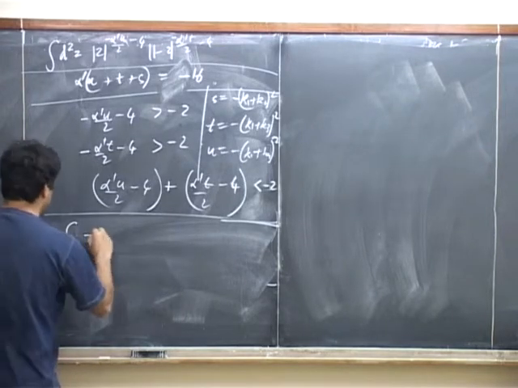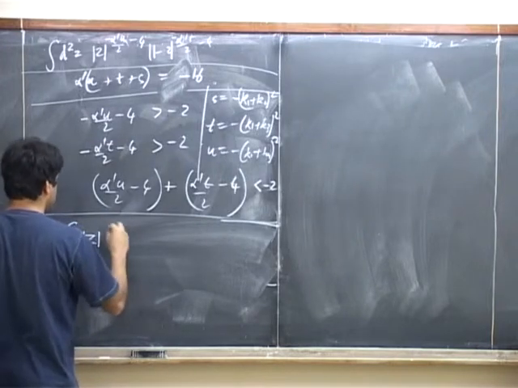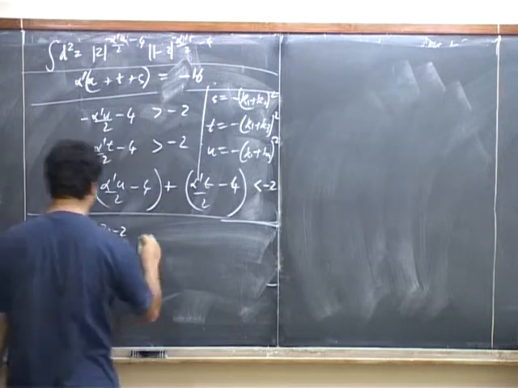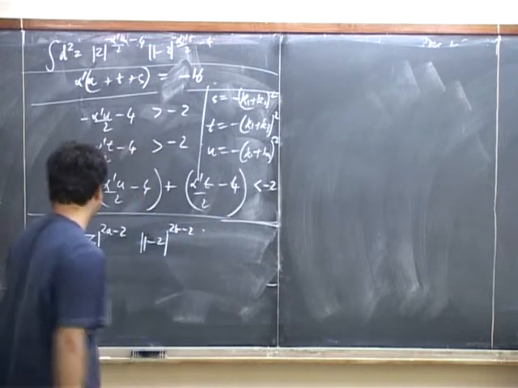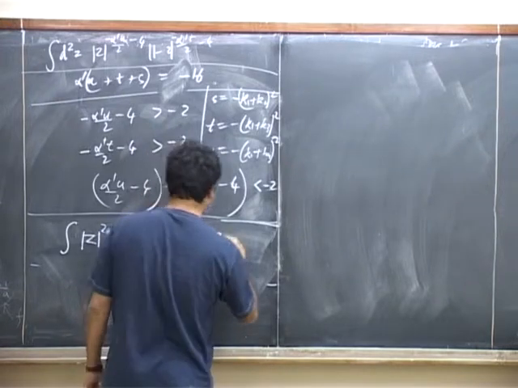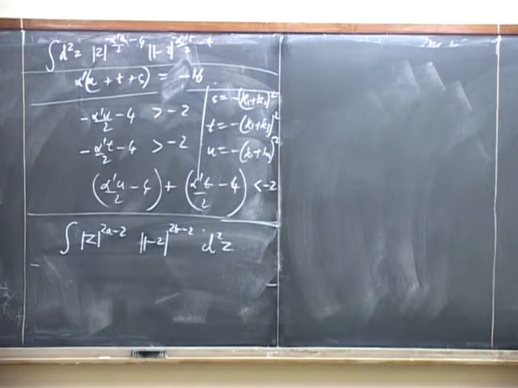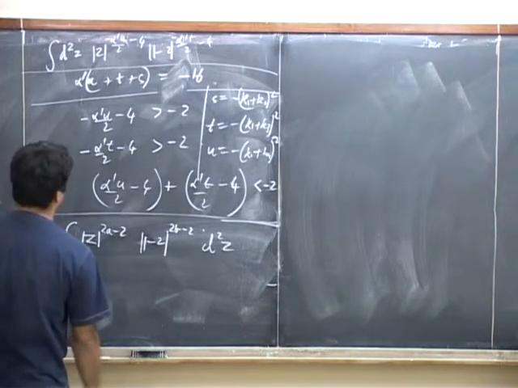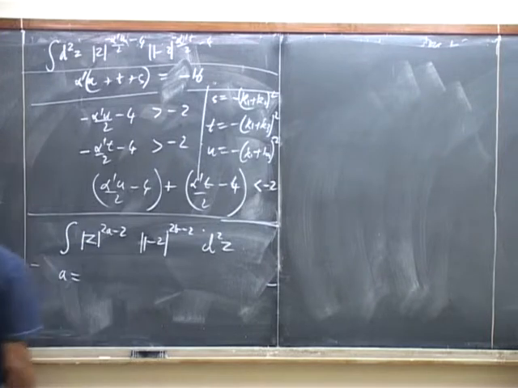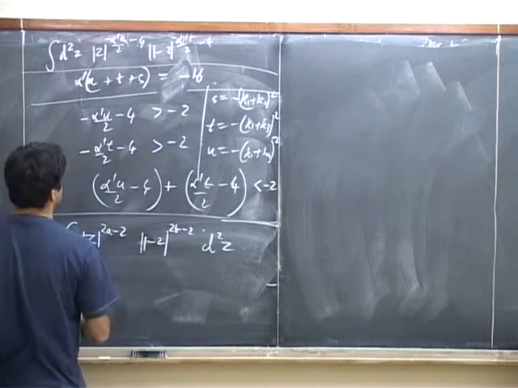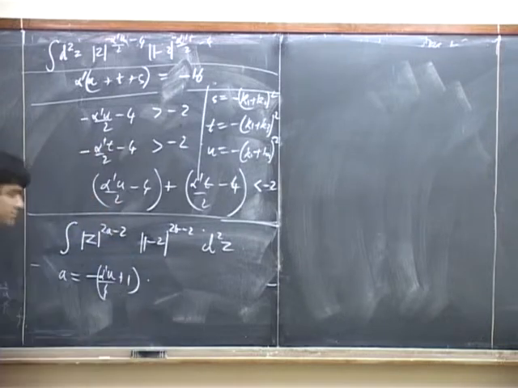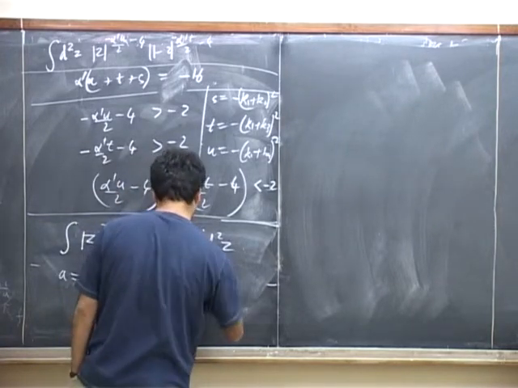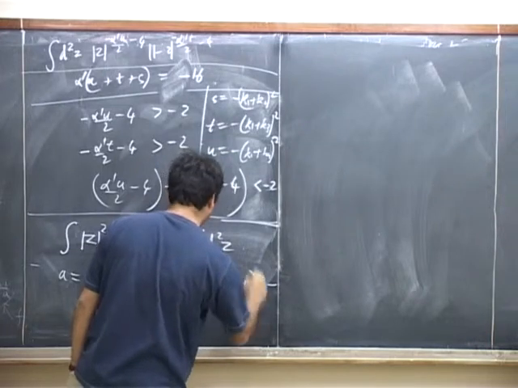It's an integral of the form mod z to the power 2a minus 2, 1 minus z to the power 2b minus 2, d2z, where a is equal to minus of alpha prime u by 4 plus 1, and b is equal to minus of alpha prime t by 4 plus 1.